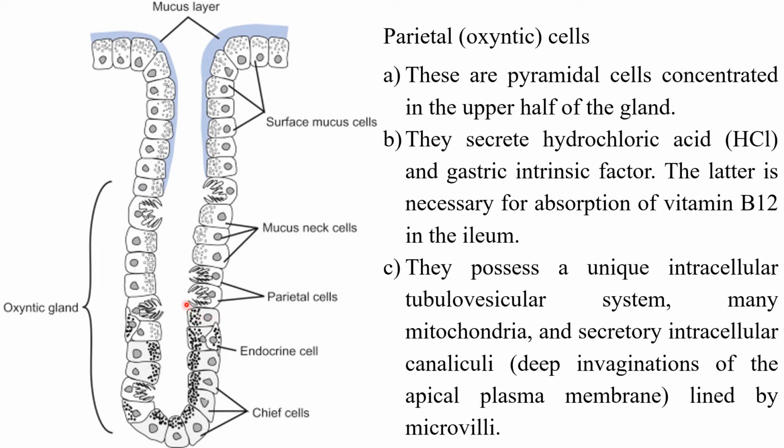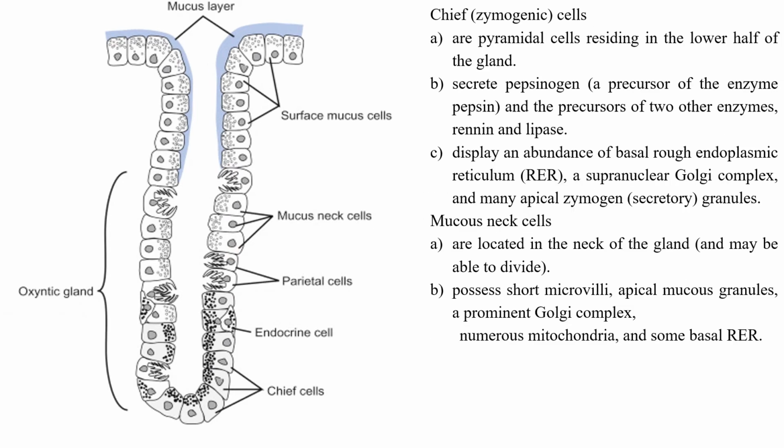You can see here there are a lot of canaliculi, deep invaginations, which are lined by the microvilli. Hence, this is the very characteristic feature of the parietal cell, by which you can easily identify them and differentiate them from other cells present in the gastric gland.